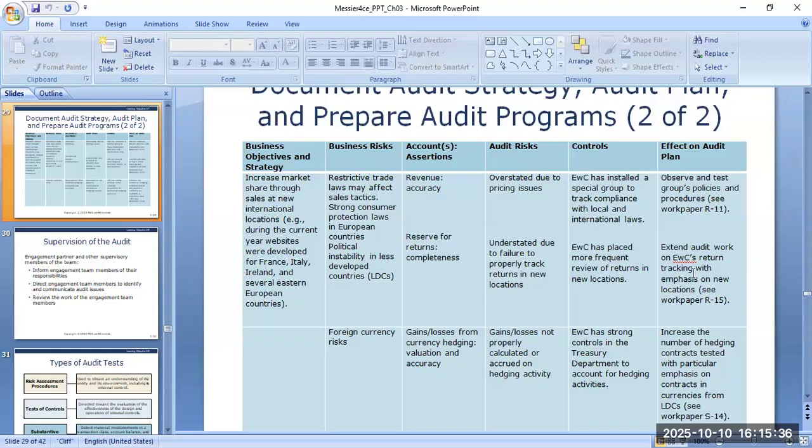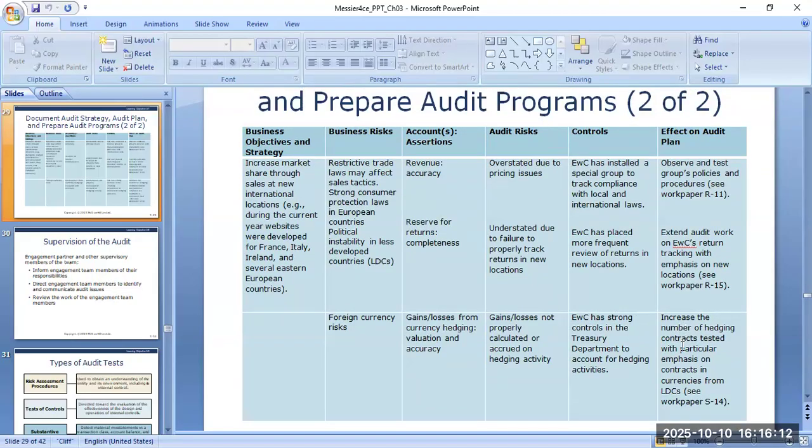The effect on the audit: we're going to extend the audit work on the return tracking with emphasis on the new locations. Since we know that there are new locations, and since we know that they plan some frequent review, we're going to have to check the frequency. We'll do that through a little bit of extended work. We'll make sure that there's no understatement or failure to properly track the returns of the new locations.